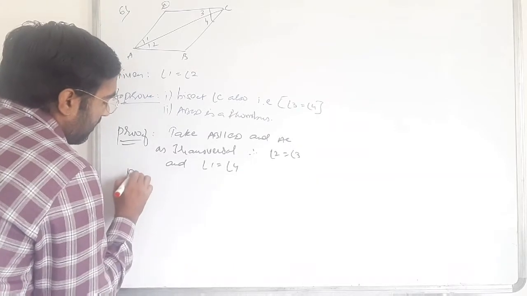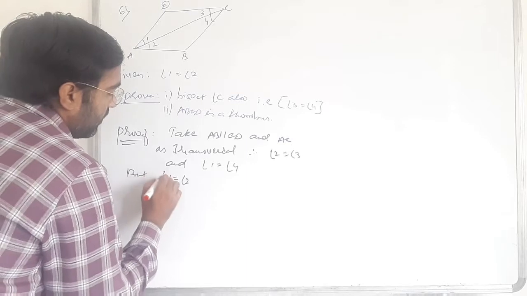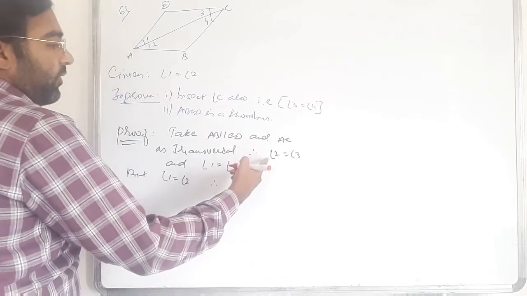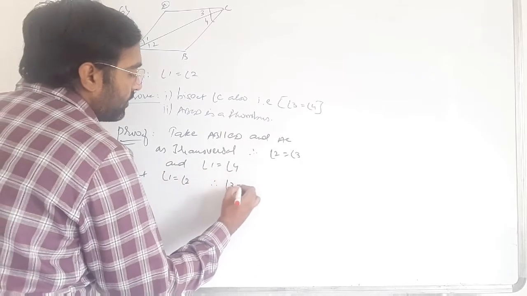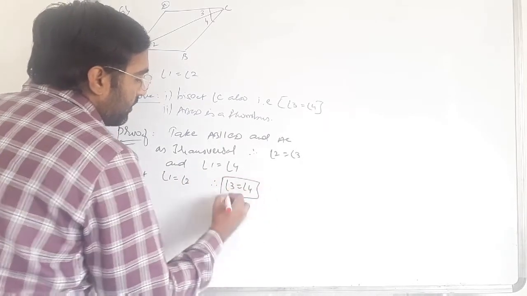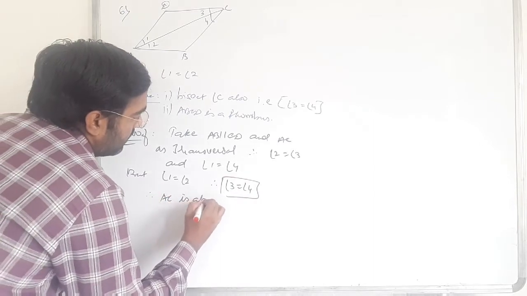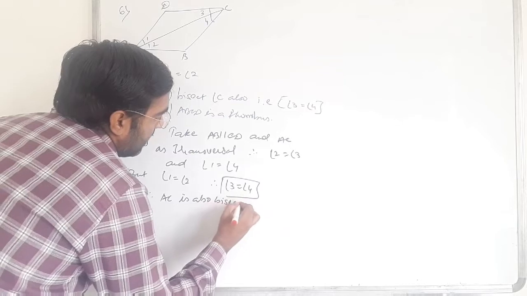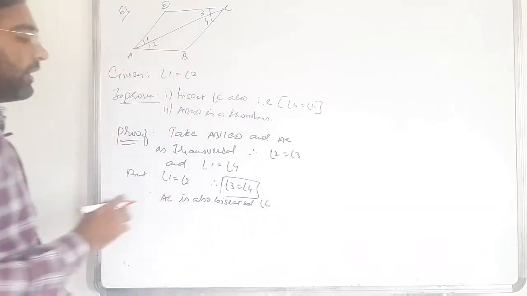But angle 1 is equal to angle 2, therefore 3 is equal to 4. Therefore AC also bisects angle C. Clear that?